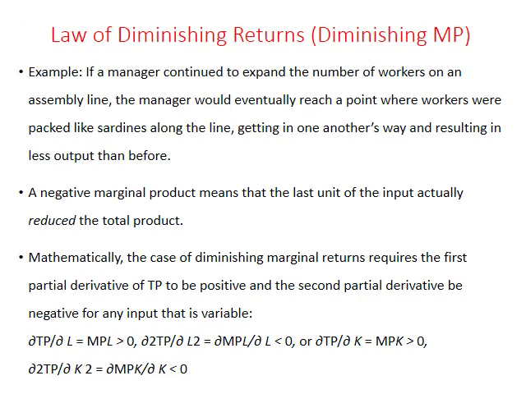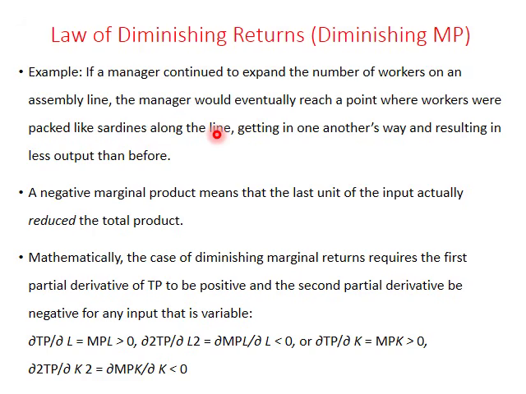This is an example for the law of diminishing return. If a manager continues to expand the number of workers on an assembly line, here the assembly line is fixed, so the variable inputs are the workers. The manager would eventually reach a point where the workers were packed like sardines along the assembly line.